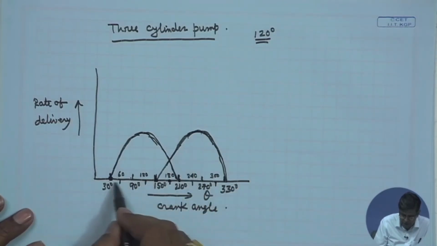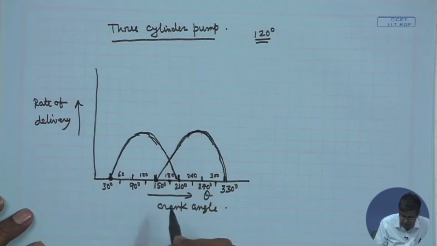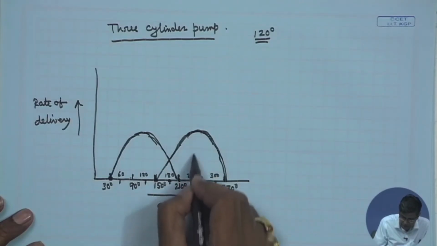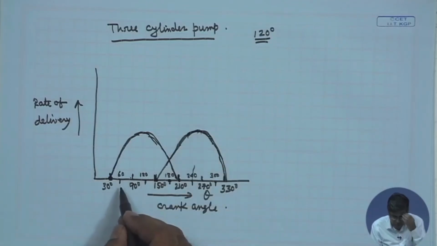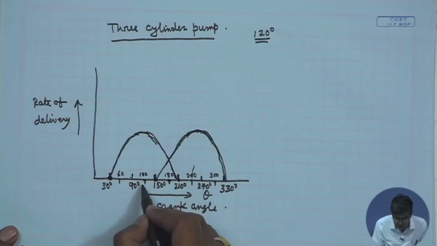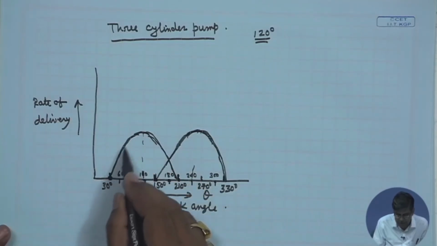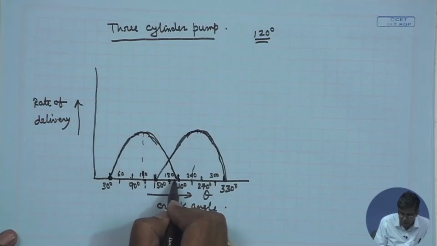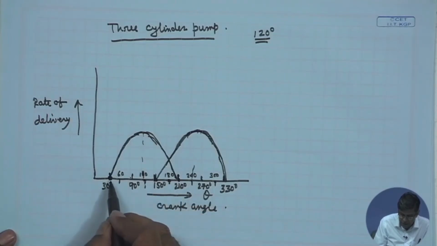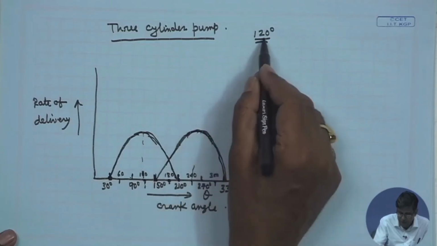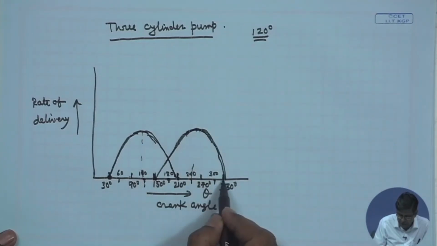So, this is in phase difference of 120°, and this maximum comes at 150 plus 90, that is 240, and here it comes at 30 plus 90, that is 120. That means this is the discharge profile of one cylinder whose delivery stroke is 30 to 210, and with a 120° phase lag, 150 to 330.